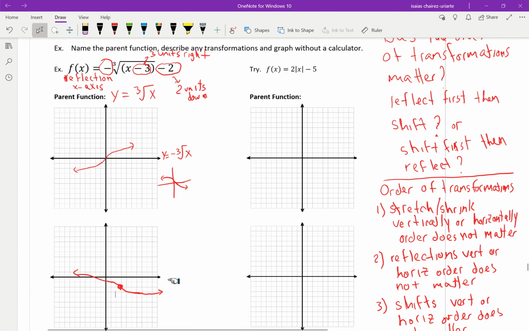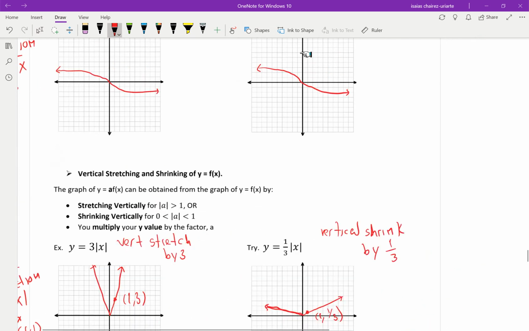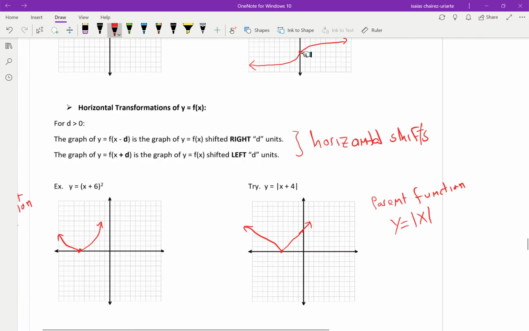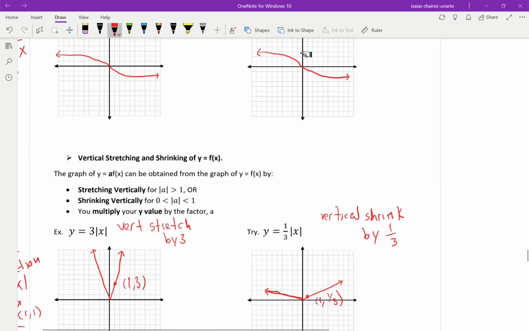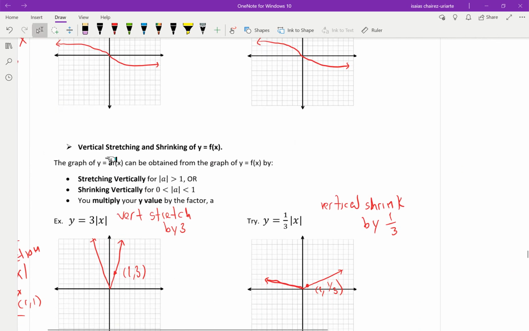Okay, let's think about the next one. So the parent function is definitely the absolute value of x. This 2 right here, we have to think about what does that 2 do? If the number is outside of my function, like I have a times f of x, we're dealing with a vertical stretch.